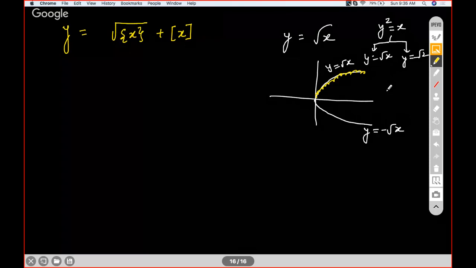Do you first plot y equals curly bracket of x? But how do we root this?